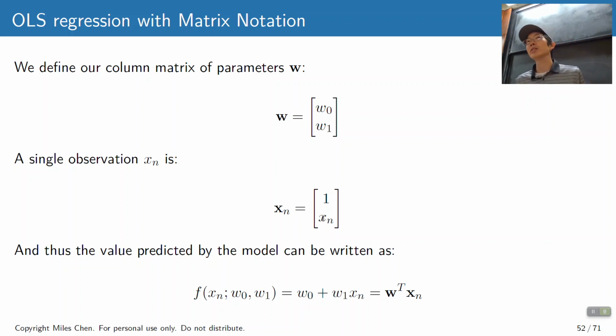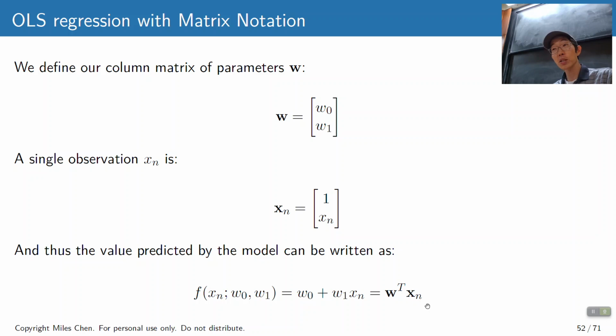If we're talking about the Olympics and the foot race, your xn will be something like the year 1900 or 1944 or 1988. Therefore, the function that gives us our predicted values, which is W0 plus W1xn, is our vector W multiplied by vector xn.